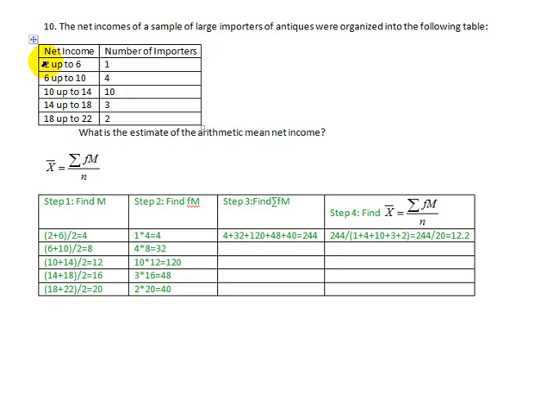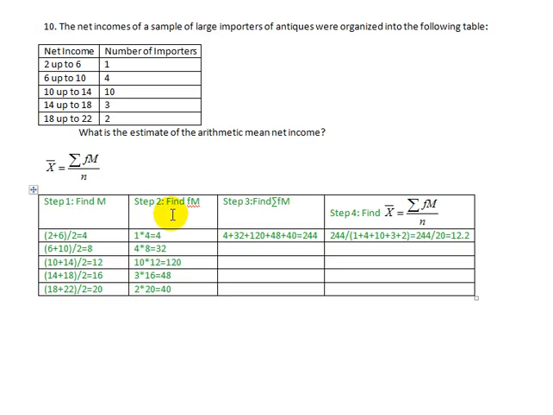For this class, the midpoint is 2 plus 6 divided by 2, we get 4. For this class, 6 plus 10 divided by 2 is 8. 10 plus 14 over 2 is 12. 14 plus 18 over 2 is 16. 18 plus 22 over 2 is 20.